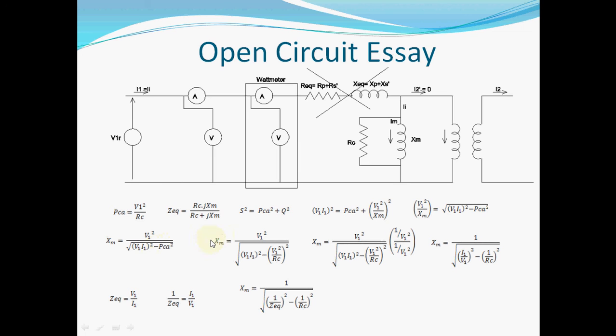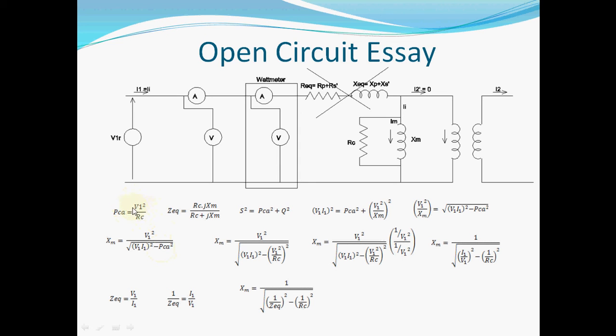So Xm is equal to the square of voltage of primary divided by, who is PCA? PCA is this expression.